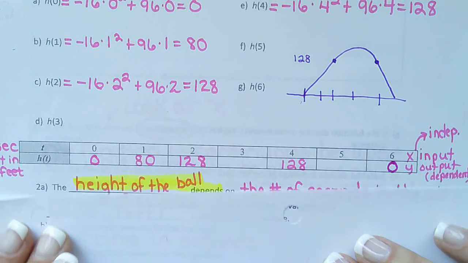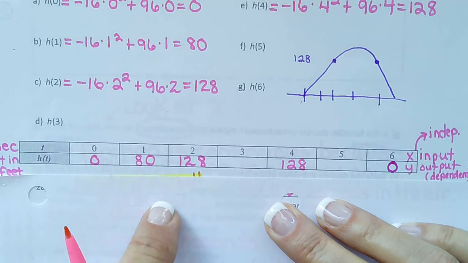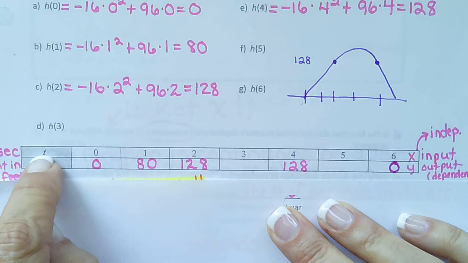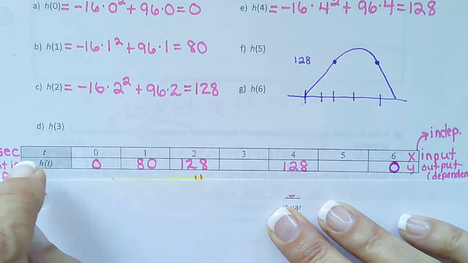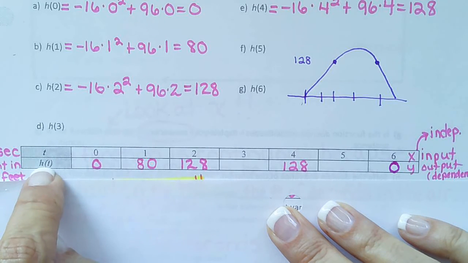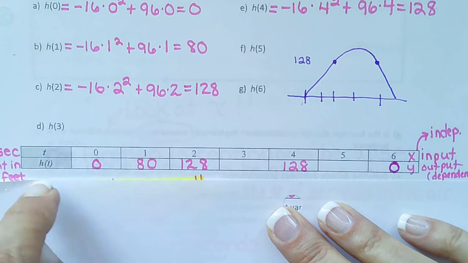So they want us next to state the depends sentence. So when we do the depends sentence, we say, does the time depend on the height, or does the height depend on the time? And the height of the ball depends how many seconds after it was hit, right? So the time doesn't depend on the height.